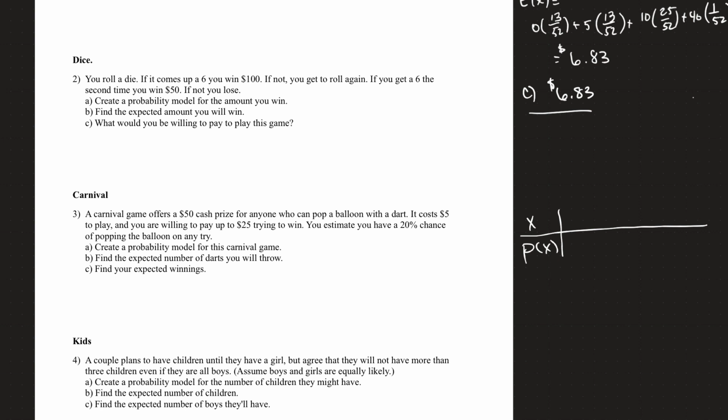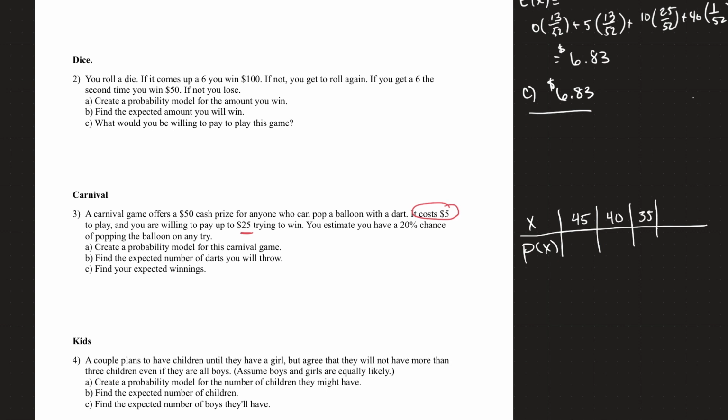So what I have to keep in mind is that when I'm doing a prize, right, I need to keep in mind how many times I'm going to play, and I need to figure out exactly how much I'm going to win, even if I work backwards and figure out how much I'm paying. So if I pop the balloon on my first try, that means I'm really only going to win $45. If I pop it on my second try, that's $40, and then $35.